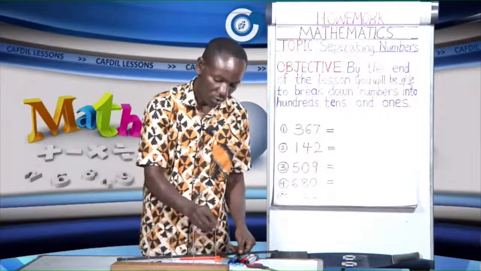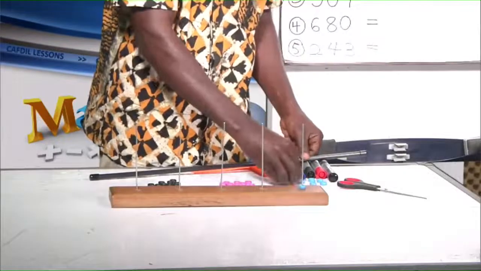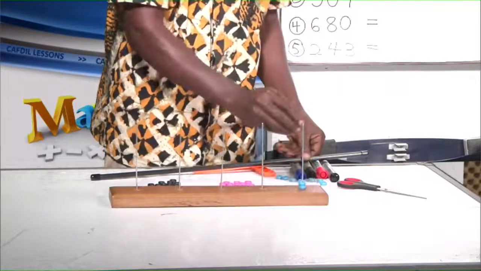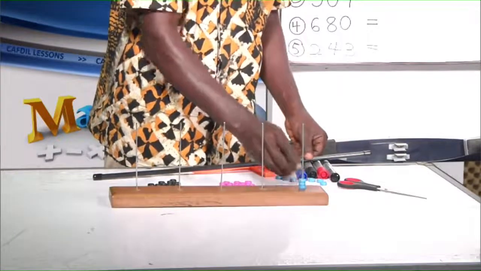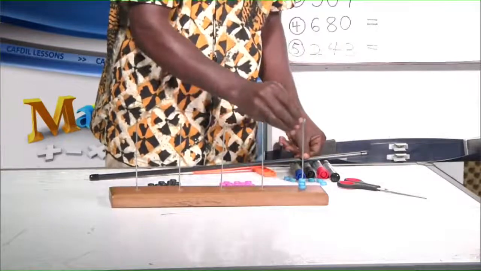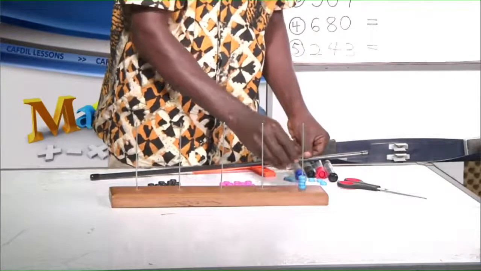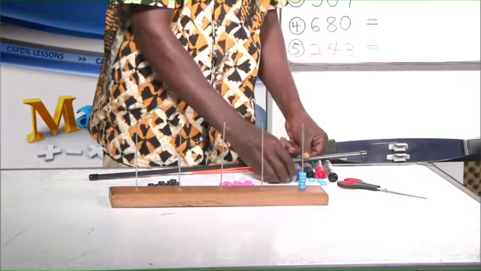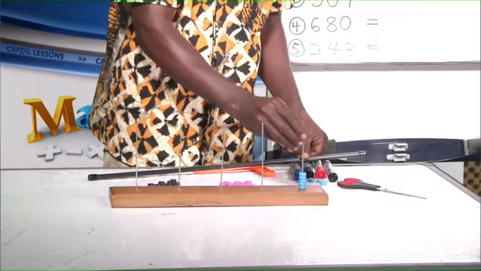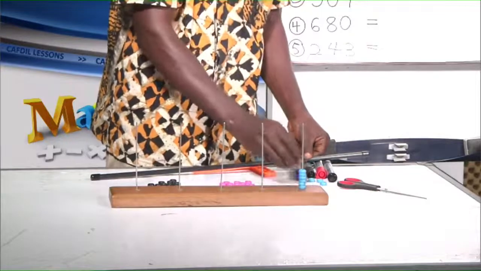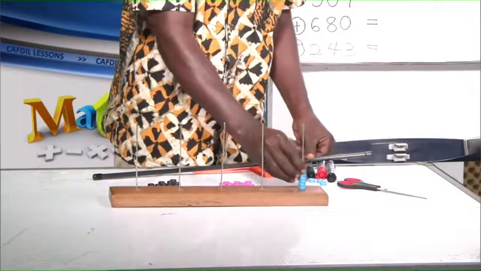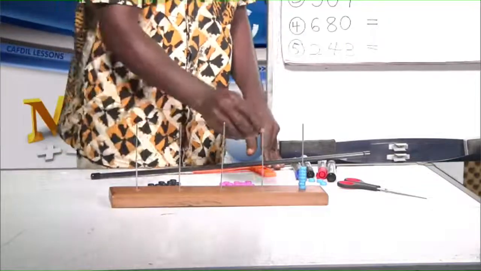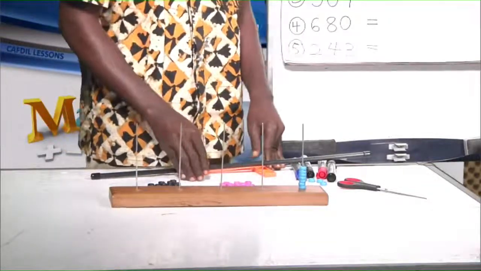Let's count: 1, 2, 3, 4, 5, 6, 7. Under the tens column, we have 6 beads.